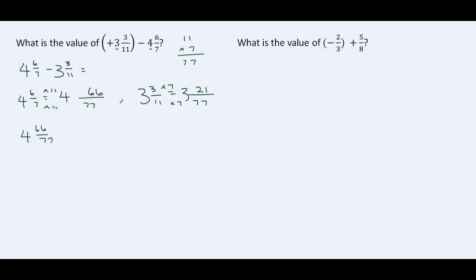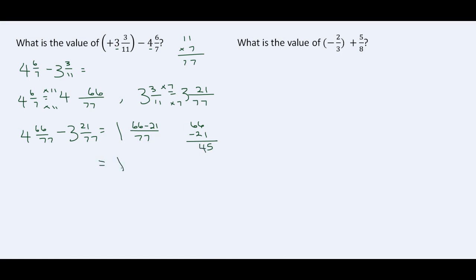So now what we have is 4 and 44 over 77 minus 3 and 21 over 77. 4 minus 3 is 1. We have 77 as our denominator. Here we have 44 minus 21. So let's give some space here to do that. 4 minus 1, 3, 4 minus 2, 2.